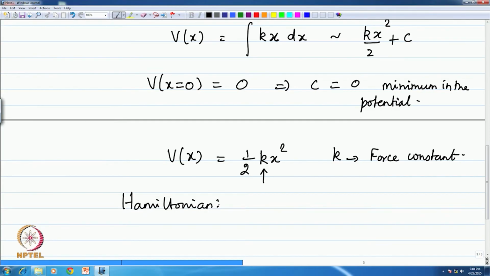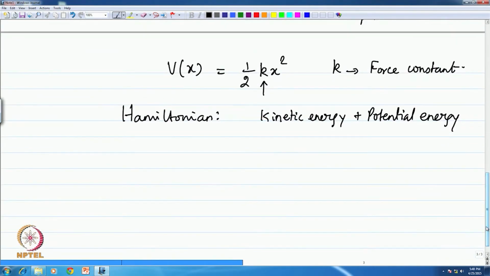is obviously the kinetic energy plus the potential energy of the harmonic oscillator, and the potential energy is already given here. The kinetic energy is half mv square, or if you want to write it using momenta, it is p square by 2m.